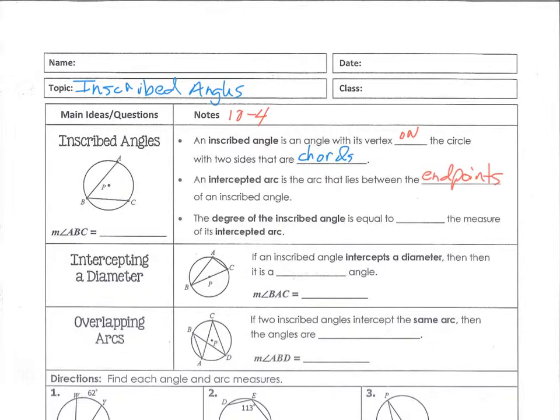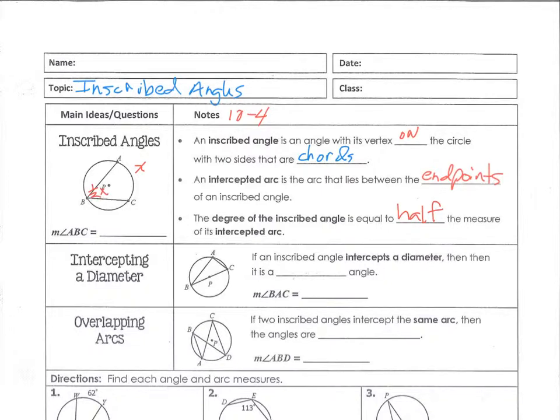The degree of the inscribed angle is equal to half the measure of its intercepted arc. So let's say that the intercepted arc is x, then the angle would be 1/2 x.